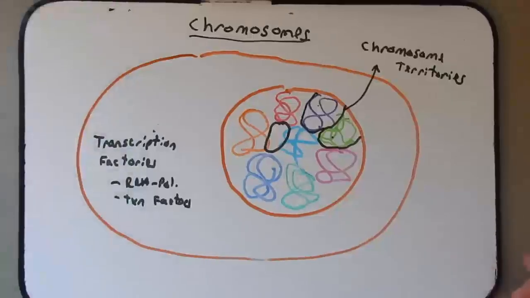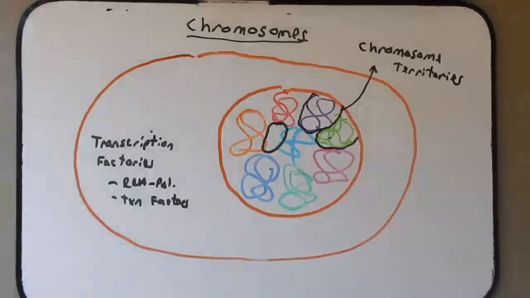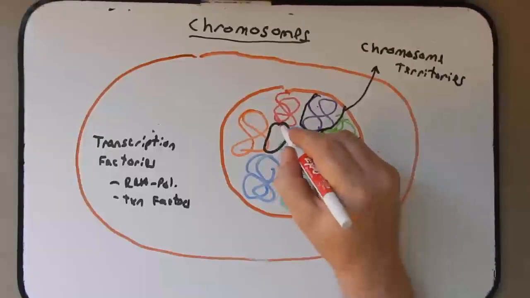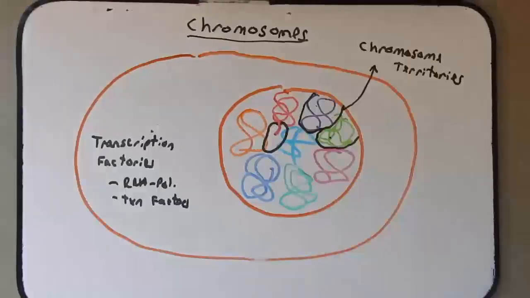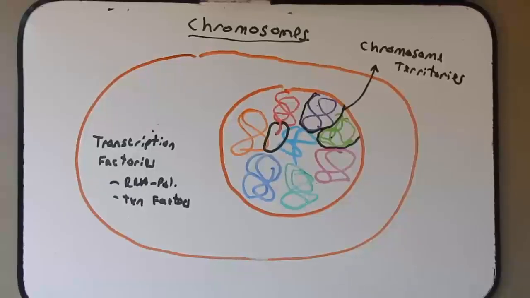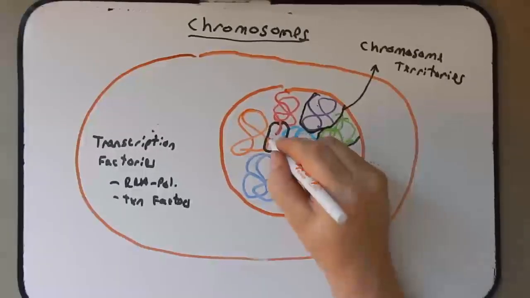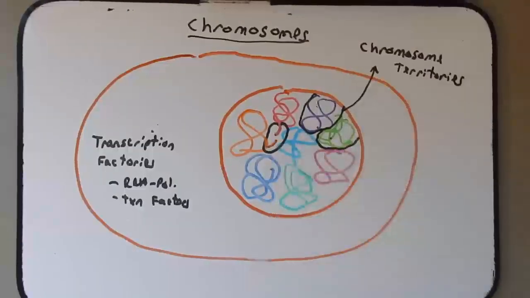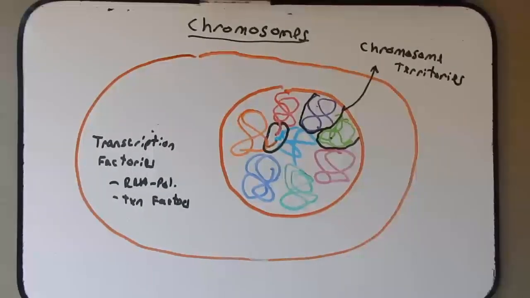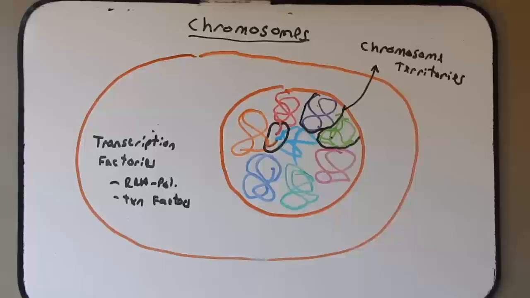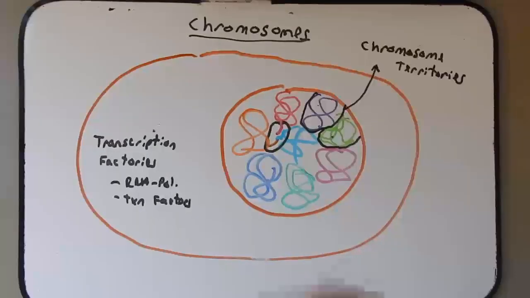And there will be several of these transcription factories in a cell, but the one I drew here may pull in DNA containing genes that need to be transcribed into this region. It'll unravel these local pieces of DNA, and that way they're concentrated in areas where there's a high concentration of these RNA polymerases and transcription factors.